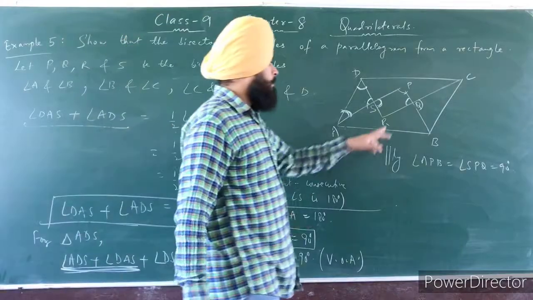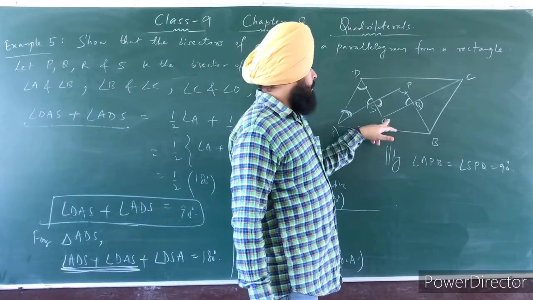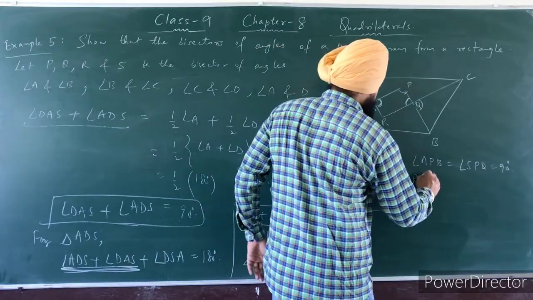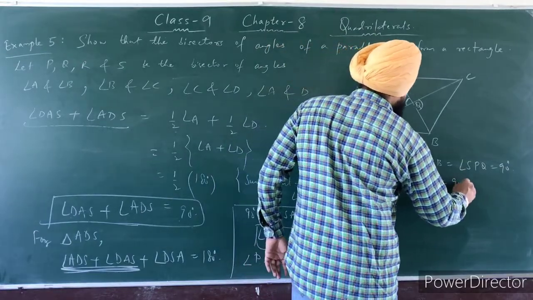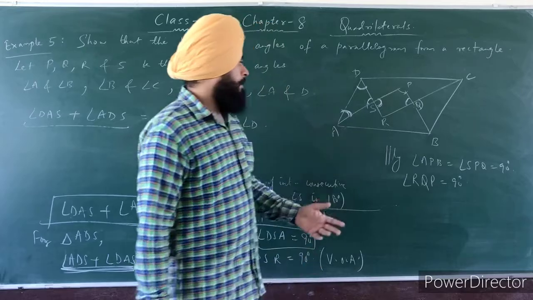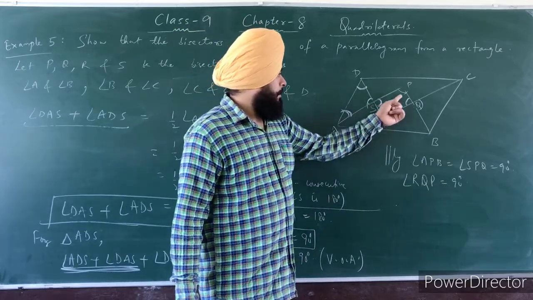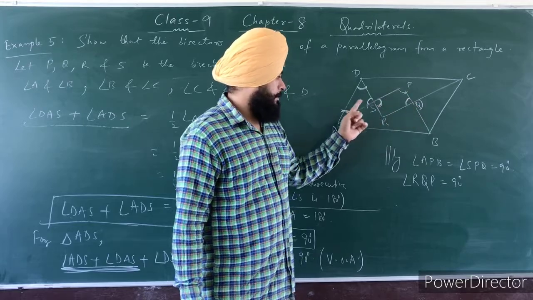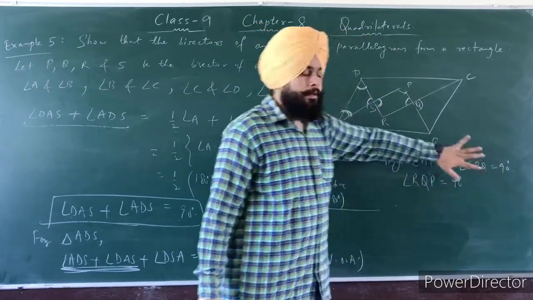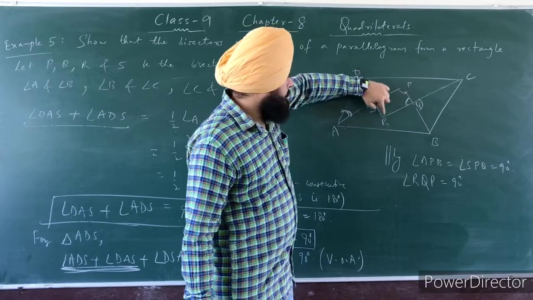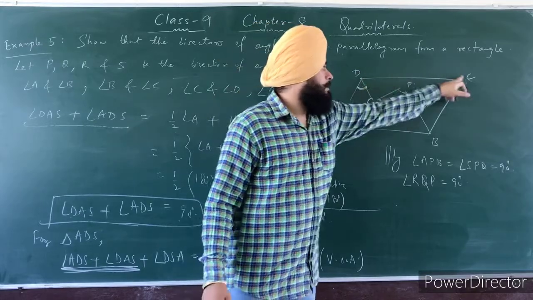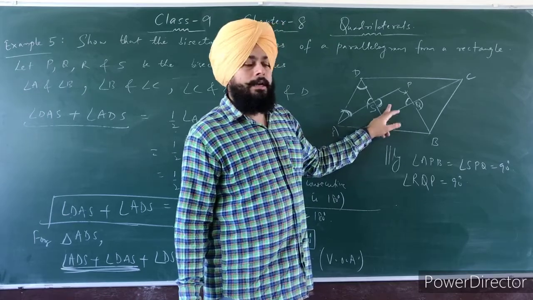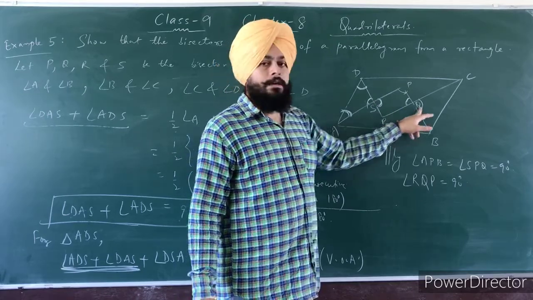So this angle name is RQP. Angle RQP is equal to 90 degree. And again similarly this angle, angle SRQ, for this triangle CDR, is of measure 90 degree.